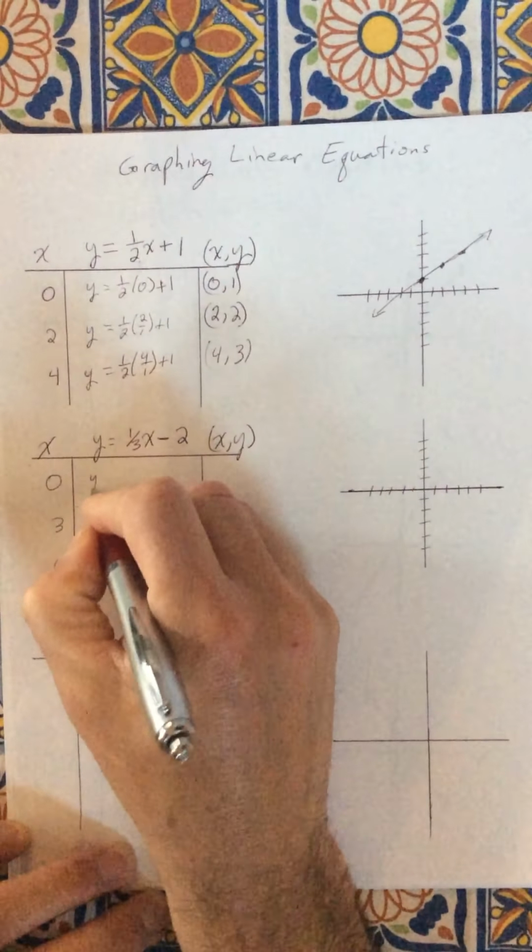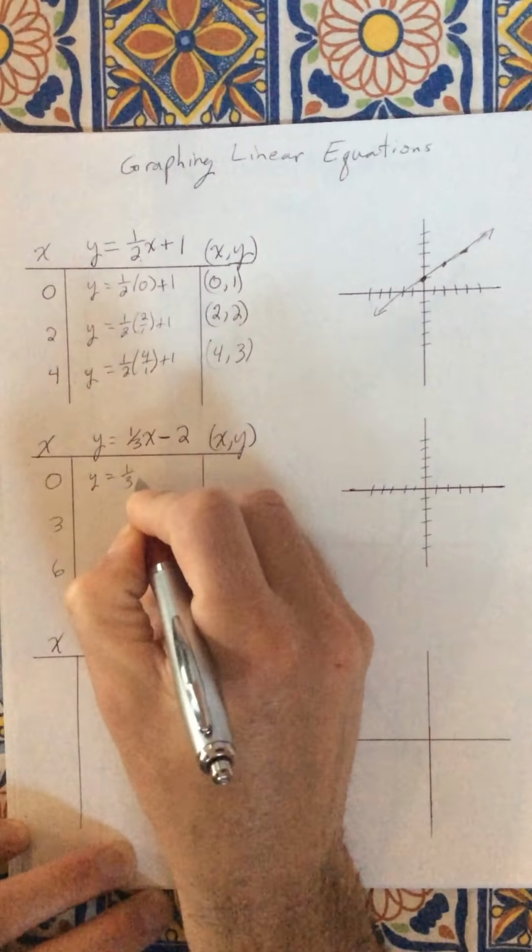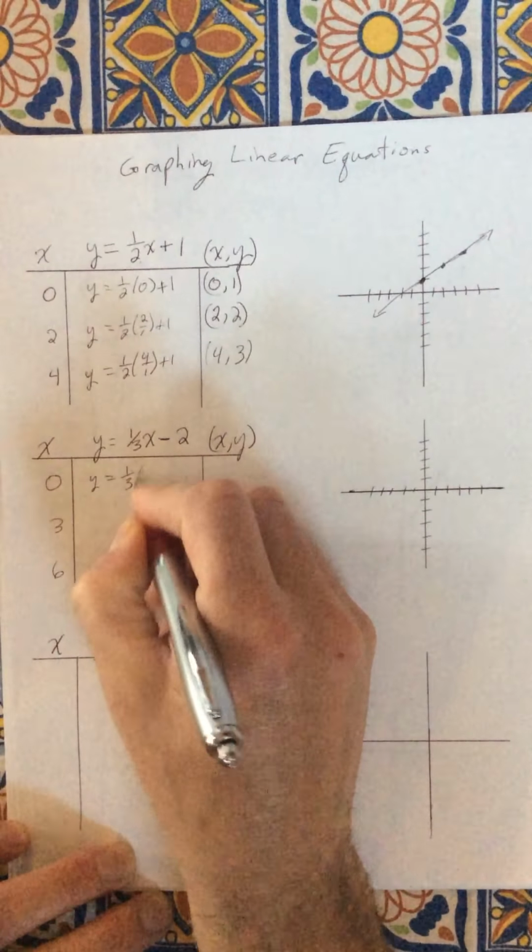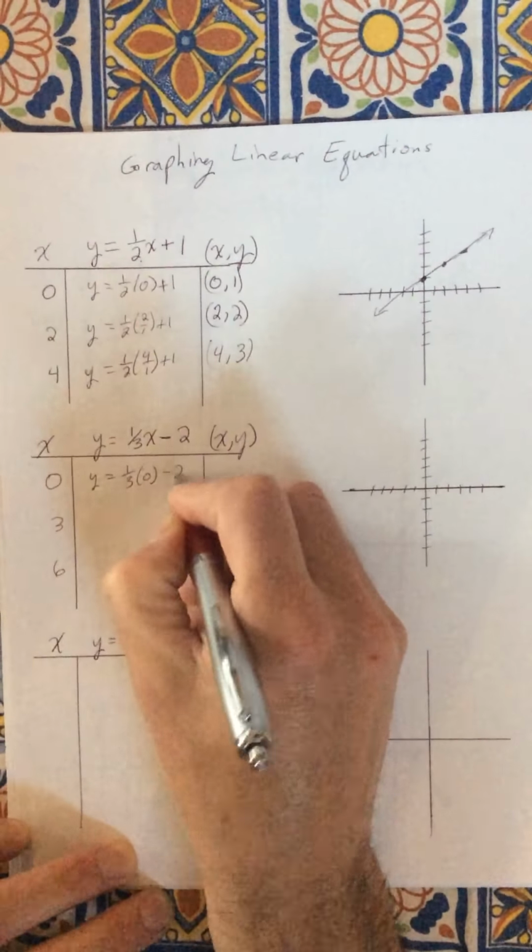So in this case, I'm going to do y equals 1/3 times 0 minus 2. 1/3 times 0 is 0, minus 2 is negative 2. So 0, negative 2 is my first coordinate. y equals 1/3 times 3 over 1. Well, 1/3 times 3 over 1 is 1. 1 minus 2 is negative 1.